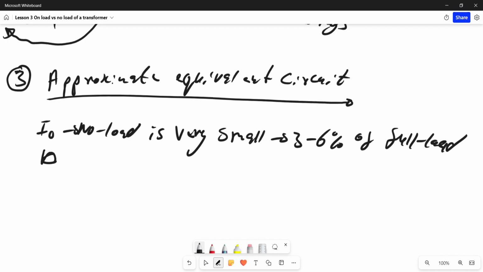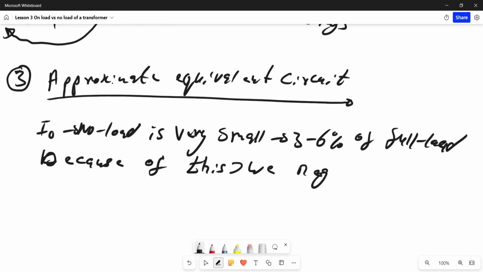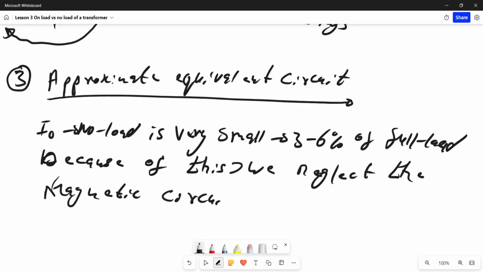Because of this, we neglect the magnetic circuit.